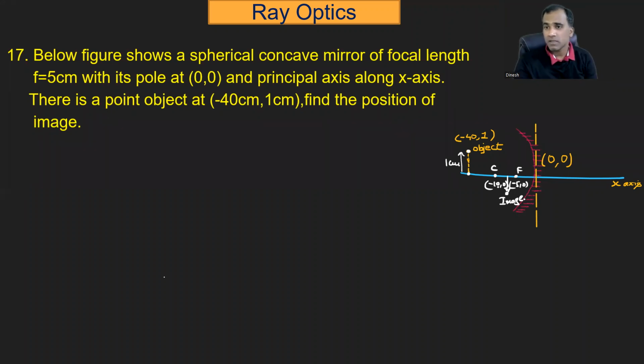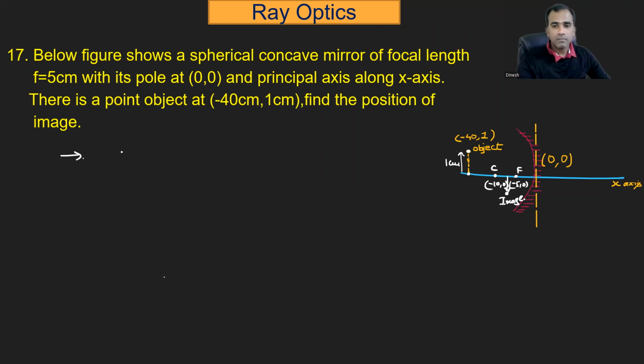More than 1 centimeter or less than 1 centimeter? Less than 1 centimeter, because we know the image will be diminished. When an object is placed in this region, the image is formed in this region, and it will have the characteristics of an inverted image, a real image, and a diminished image. So this point will be closer to the principal axis. Treat it like an extended object only. Though it is a point, treat it like an extended object.